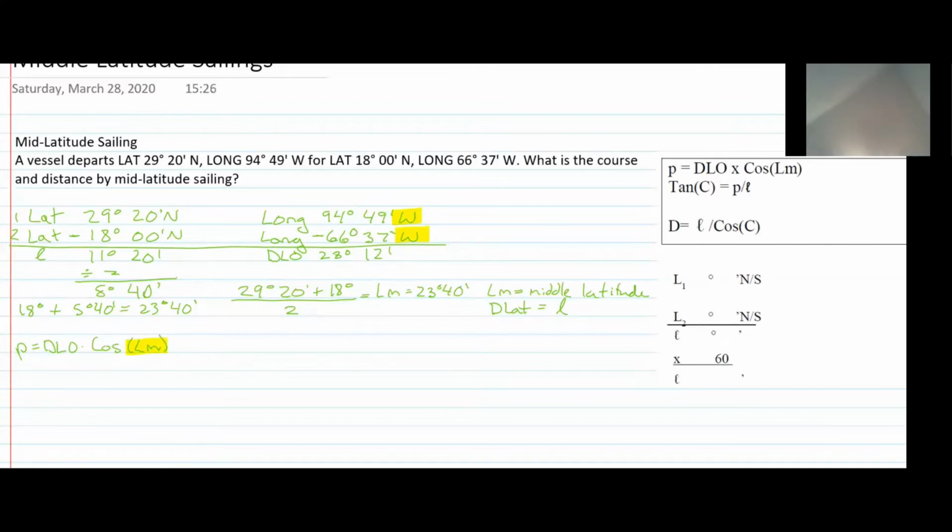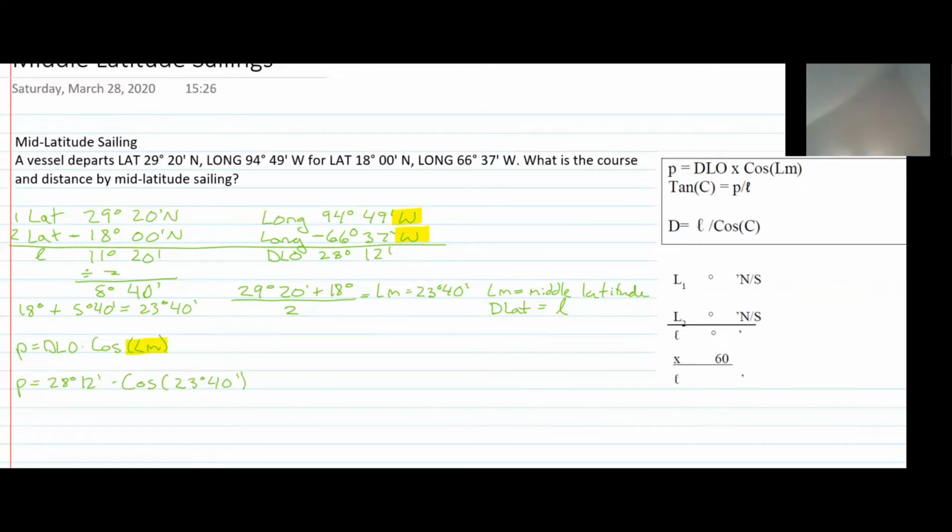So now we can find P. P equals our D low, 28 degrees, 12 minutes, times cosine of our middle latitude, which is 23 degrees, 40 minutes.